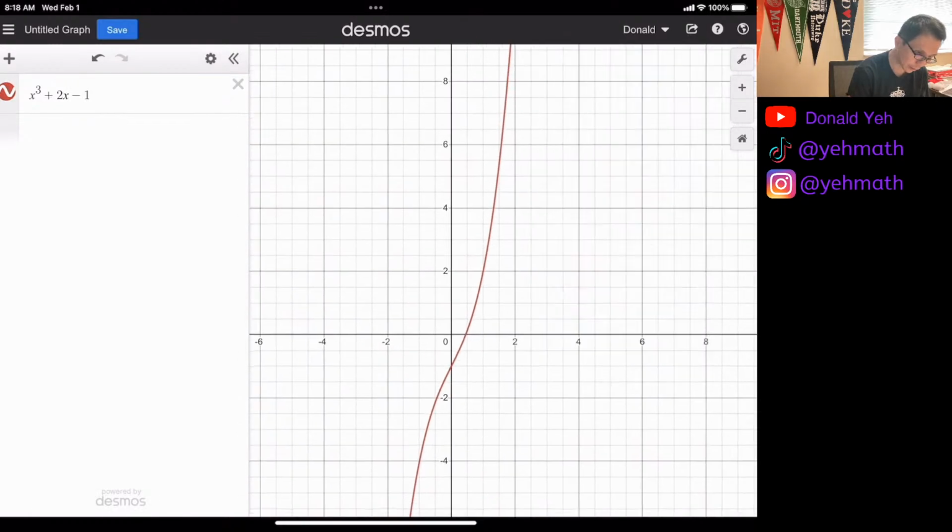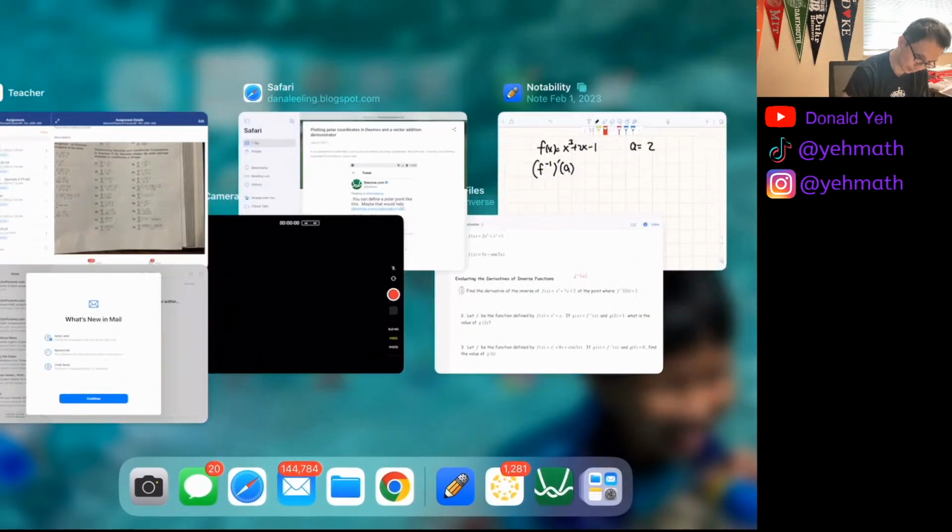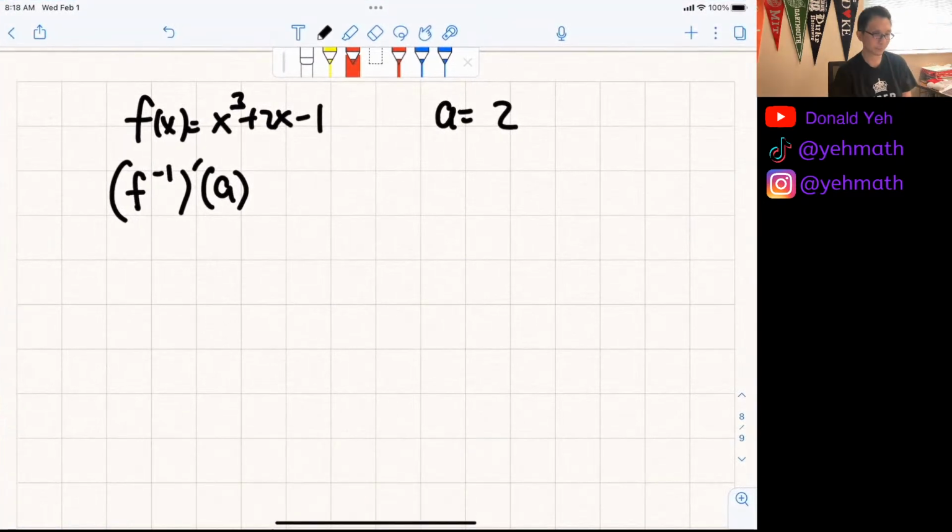Yeah. So is it possible for me to find an inverse function? Give it a try. See if you can find the inverse. You should fail first and then.